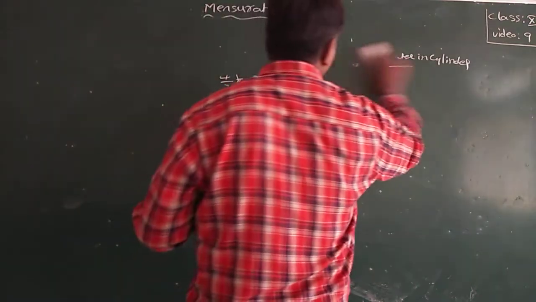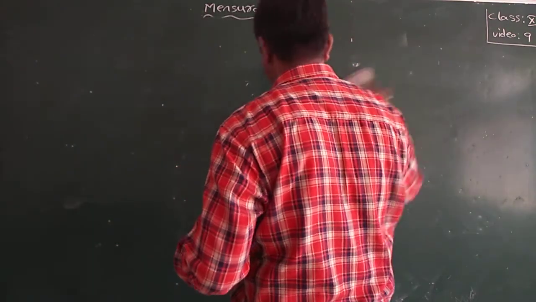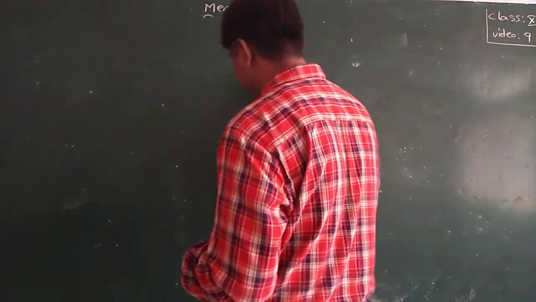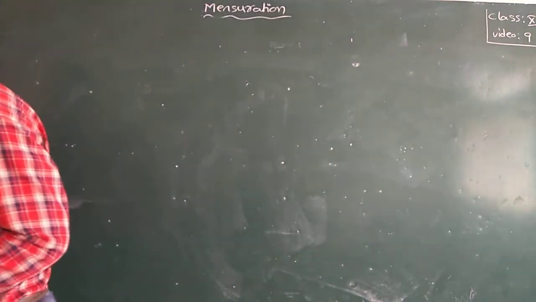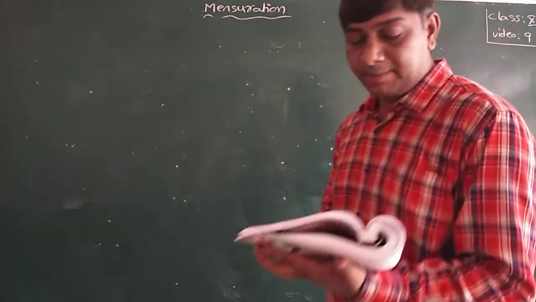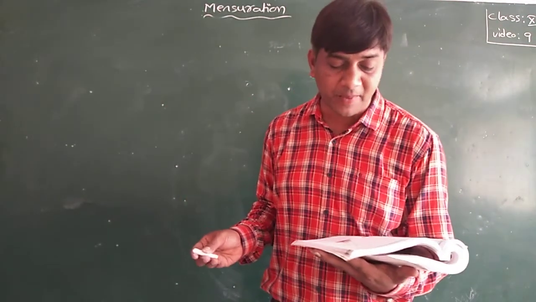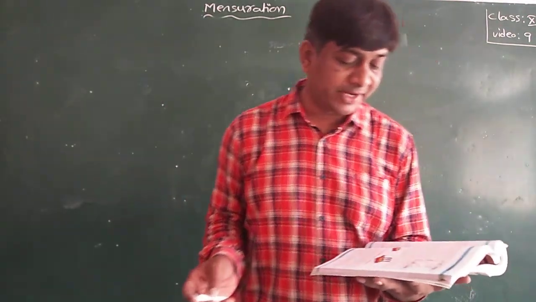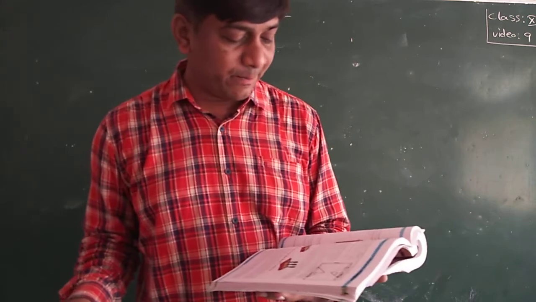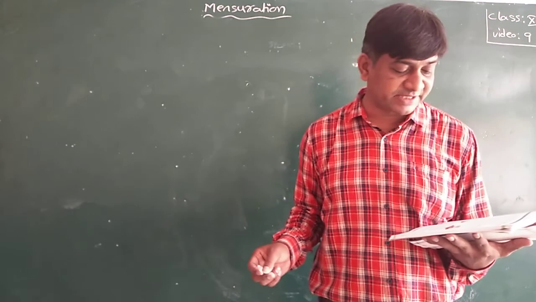Now let's do the last question, the seventh question. A pen stand is made of wood in the shape of a cuboid with 3 conical depressions to hold the pens. The dimensions of the cuboid are 15 cm, 10 cm, 3.5 cm.